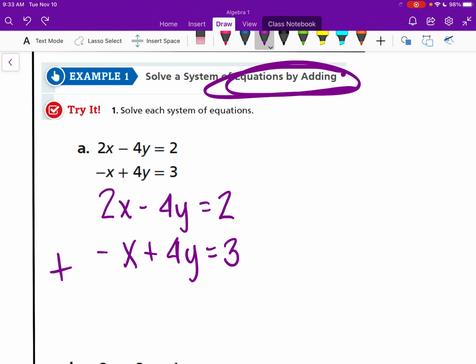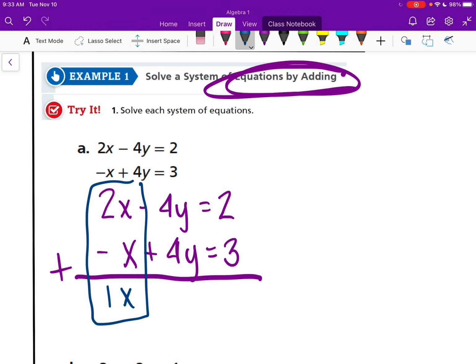So we can draw a line underneath and add this just like we were originally taught way back in elementary school. If we have 2x plus negative x, that's 2 plus a negative 1. That's 2 minus 1. That's just x. We could write 1x or just x. So we did the x's. Now we're going to add the y's, which was what we looked at first.